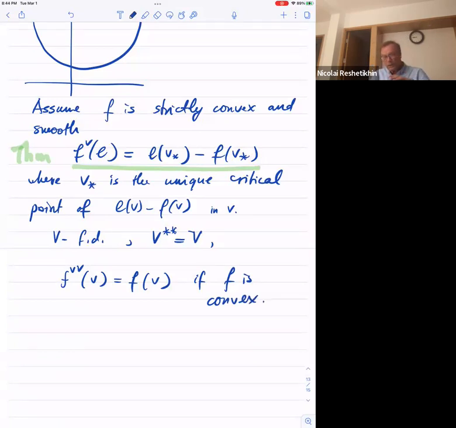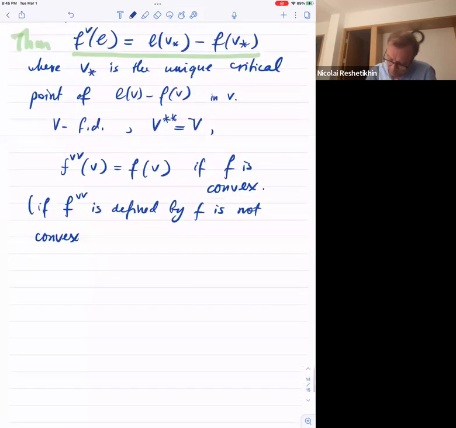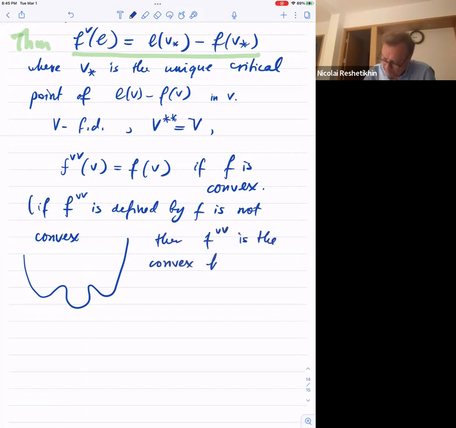If f is not convex, then if f double dual is defined but f is not convex, for example, if you have something like this, then f double dual is the convex hull of f.